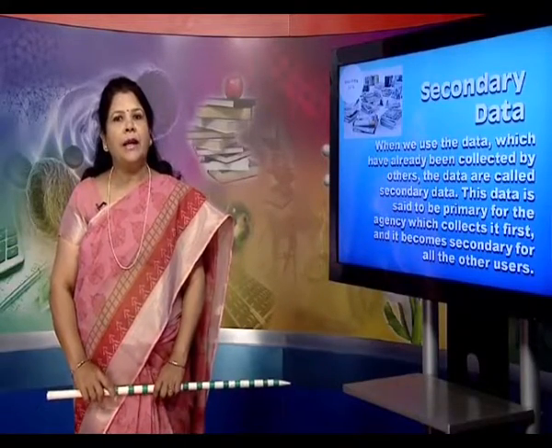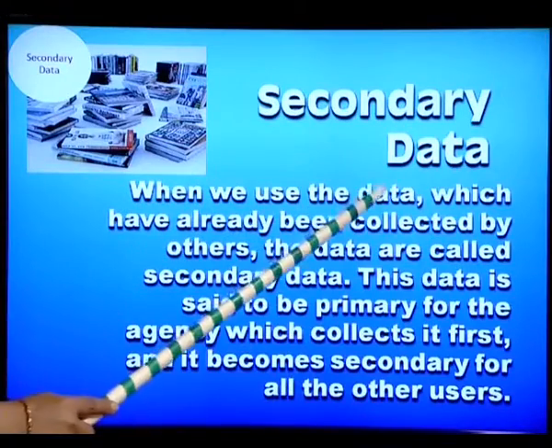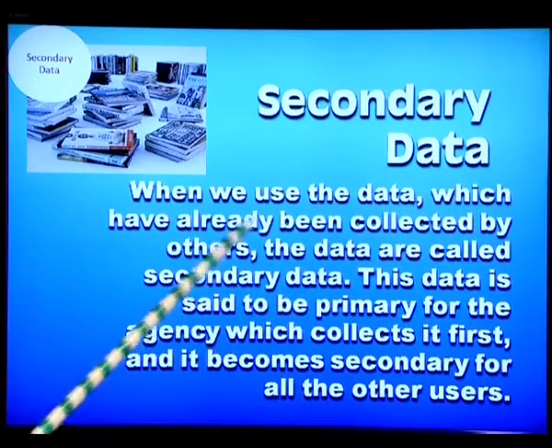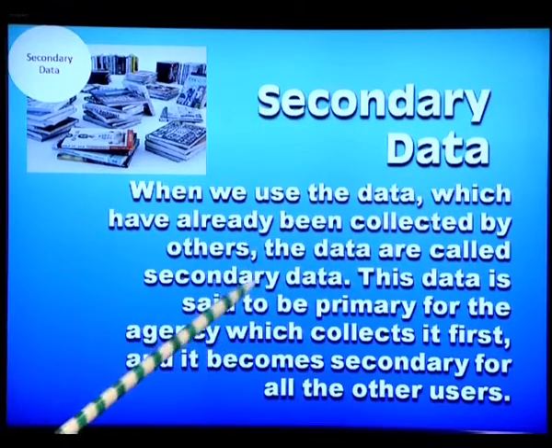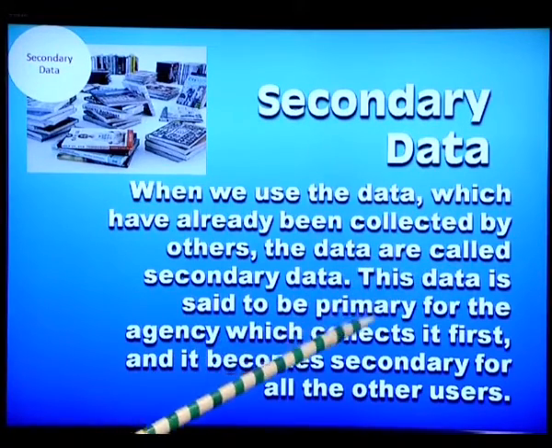Now we need to understand secondary data. When we use the data which have already been collected by others, the data are called secondary data. This data is said to be primary for the agency which collects it first, and it becomes secondary for all other users.